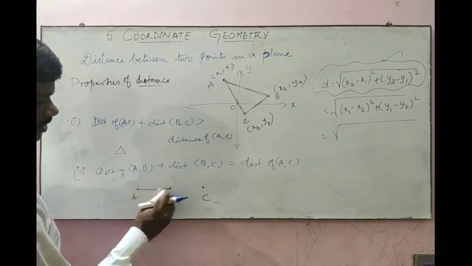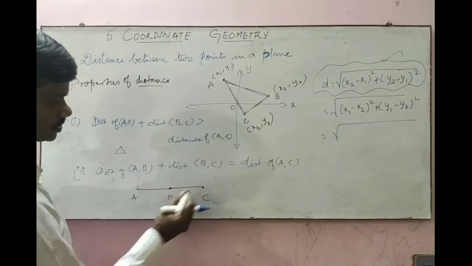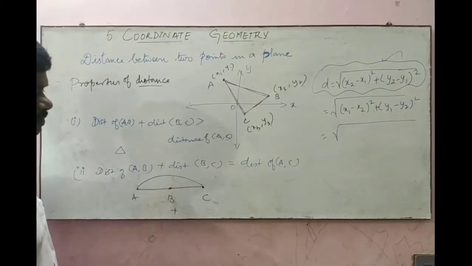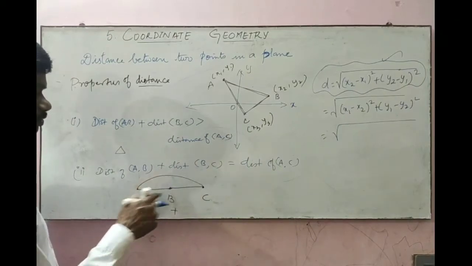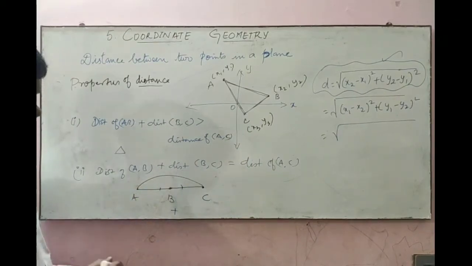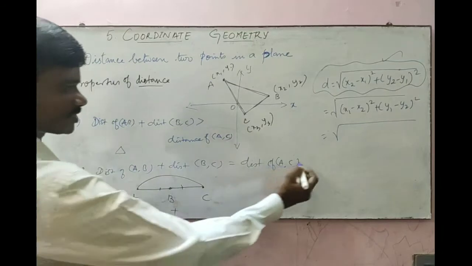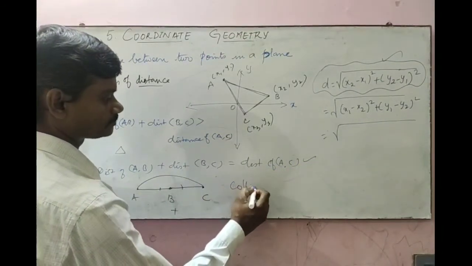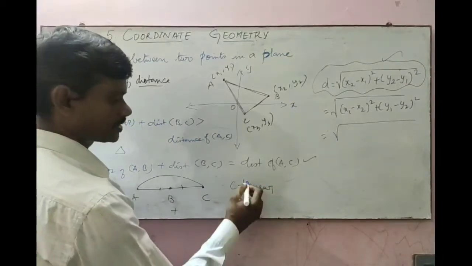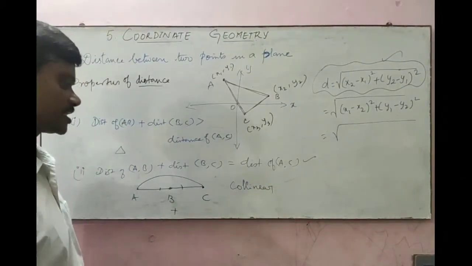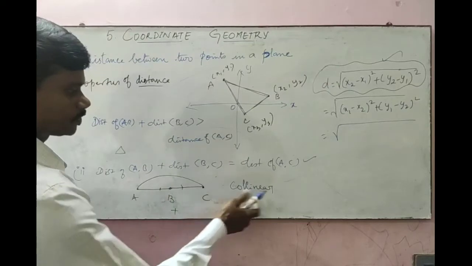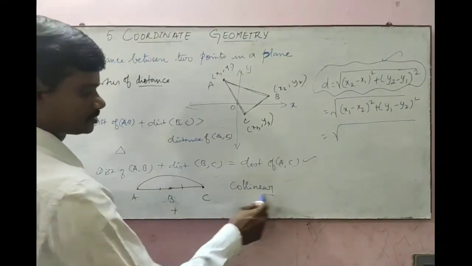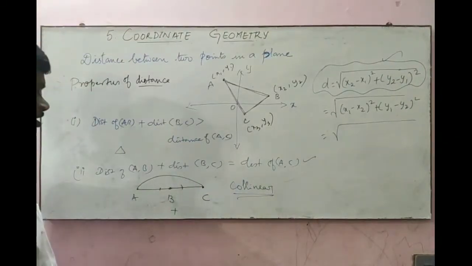The distance from A to B and B to C, if I add those 2 distances, then the distance from A to C is equal to the sum of these 2 distances. If it satisfies this condition, then the 3 points A, B, C are collinear. You already studied in the 6th standard or 7th standard. Collinear means 3 or more points lying on the same line. So you will get the second property.